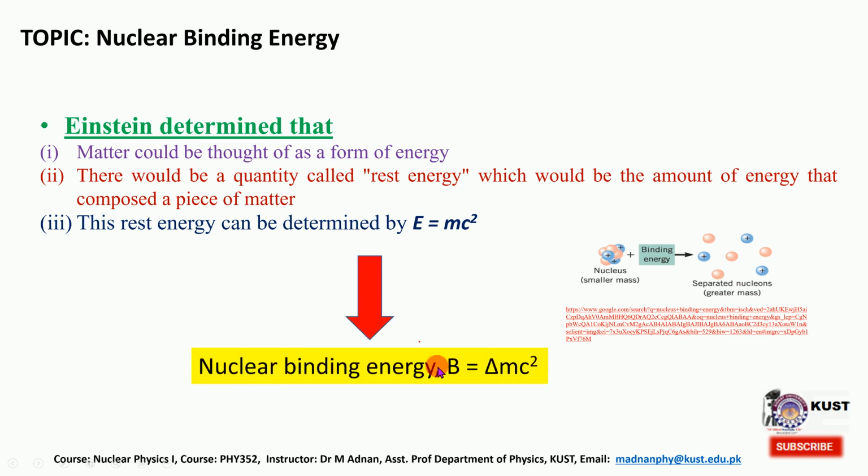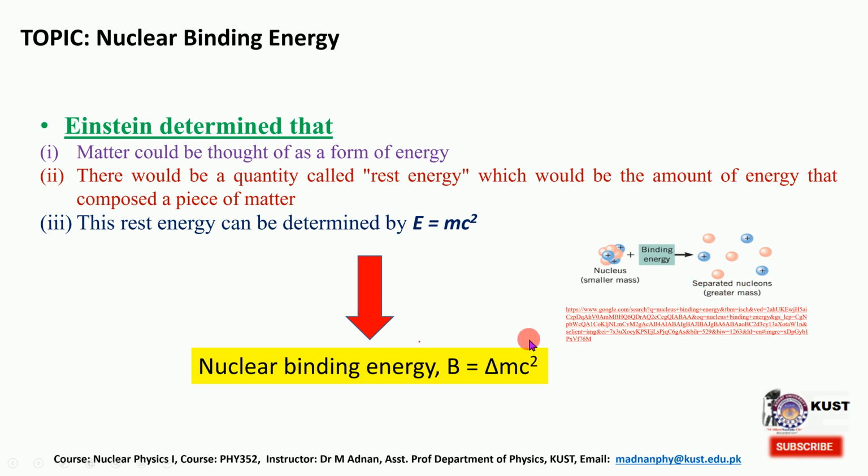So the nuclear binding energy is just the same E, but in nuclear physics, instead of E, we have B for the binding energy. And how much mass is converted into energy? That is the difference of the two masses. So we need to find the difference of the masses between this nucleus, the system, and the individual constituent nucleons.